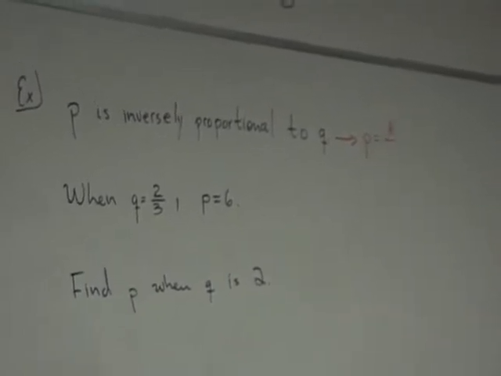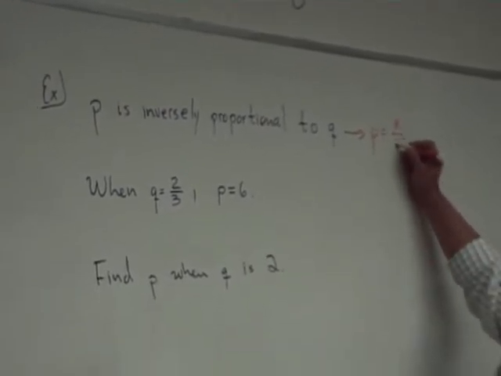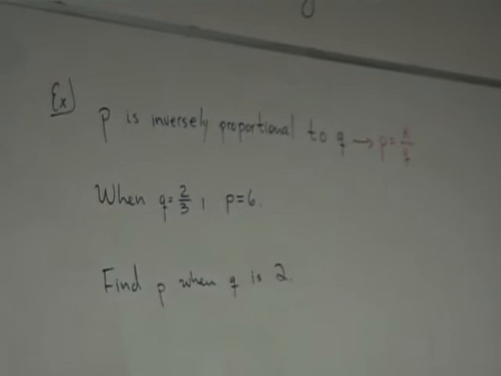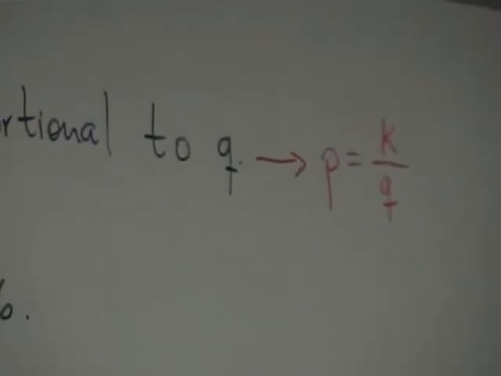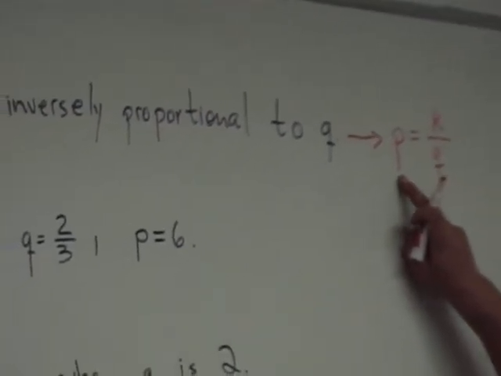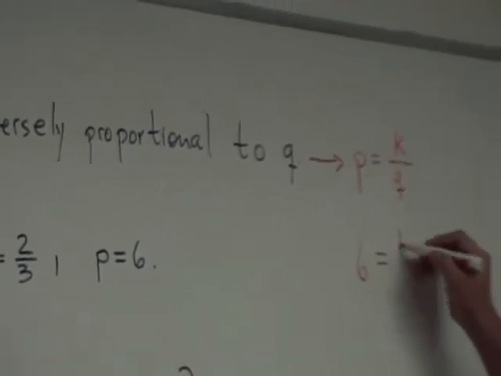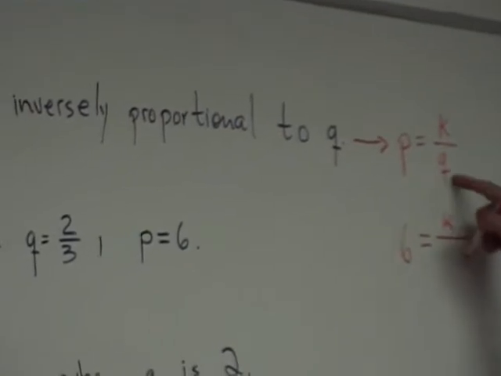I immediately know I'm going to divide to what? Inversely proportional to? Q. And now I'm going to plug in the values of P and Q that I will be given to solve for K. What do I plug in right here? 6. 6 equals K over, what's Q?